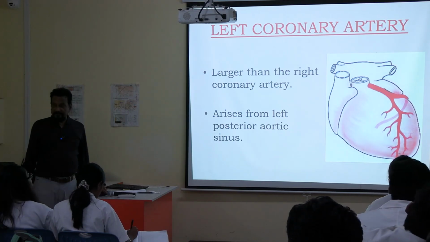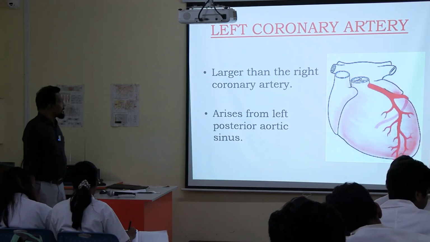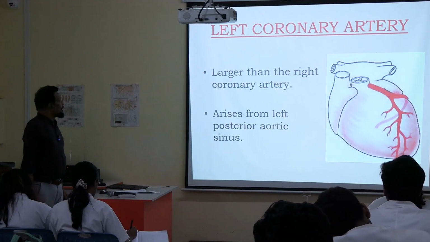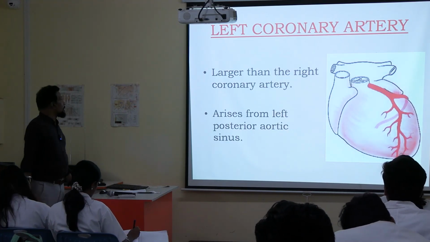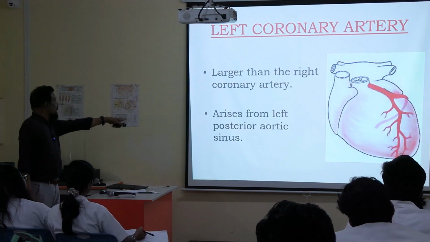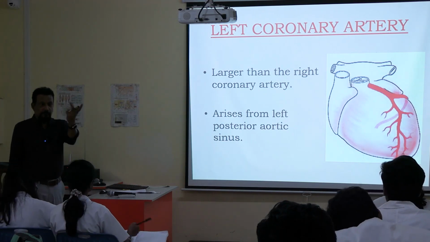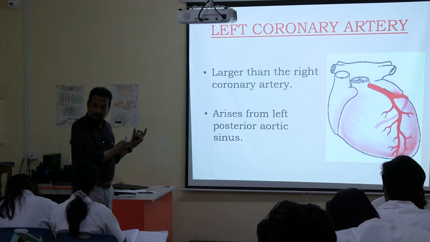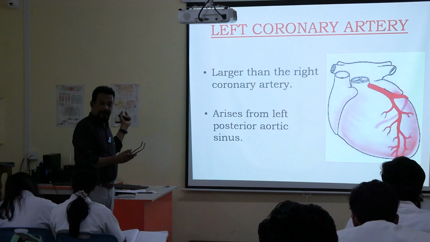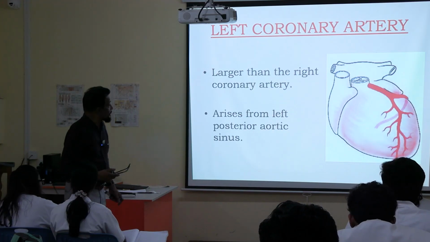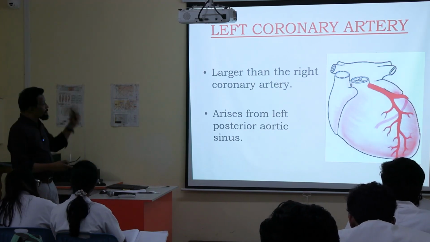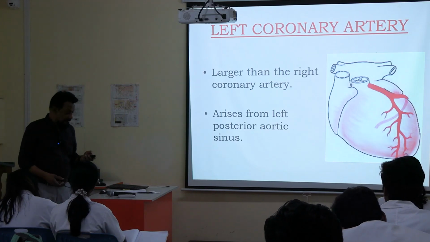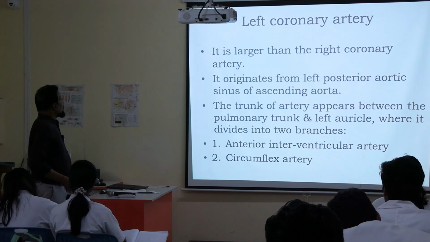Now, left coronary artery. It originates from the posterior aortic sinus. So there are 3 sinuses. One is posterior, another is left anterior. From there the left coronary artery arises, and from the other the right coronary artery arises.